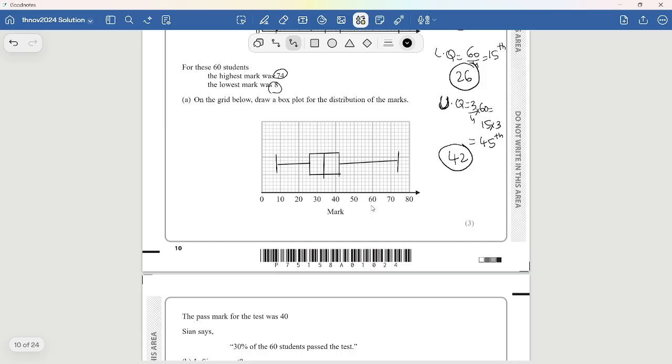You can label them. You can label the median. This is the median at 34, or you have already shown the working, that's fine. It's always good practice to label your points on the box plot as well. So this is the median at 34.